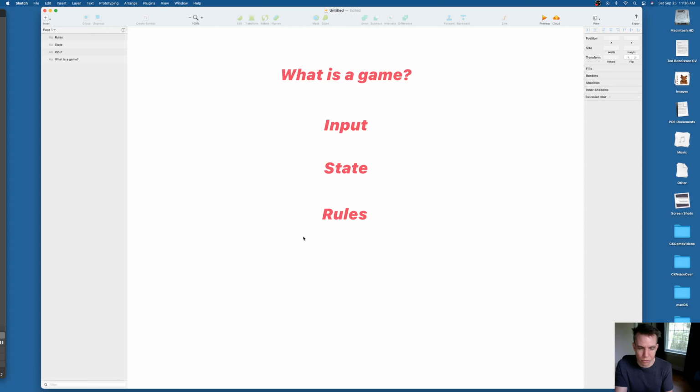So that's a rule. If you take even what's considered a simple physical game like checkers and just sit down, this is a fun exercise, especially as a game designer, take a lot of games that you know or that you play and just list all of the rules, and you would be surprised at how many there are. A lot of supposedly simple games actually have a lot of rules in them.